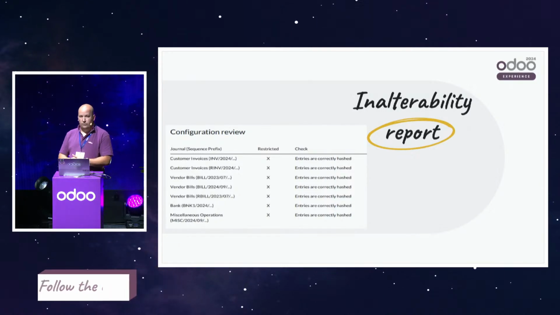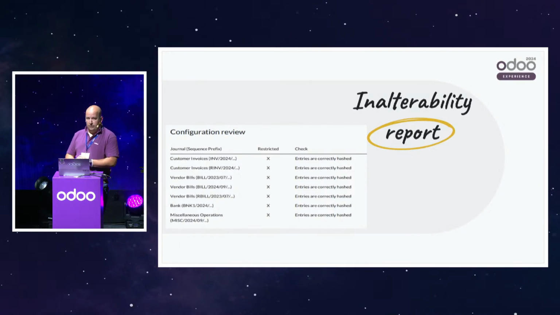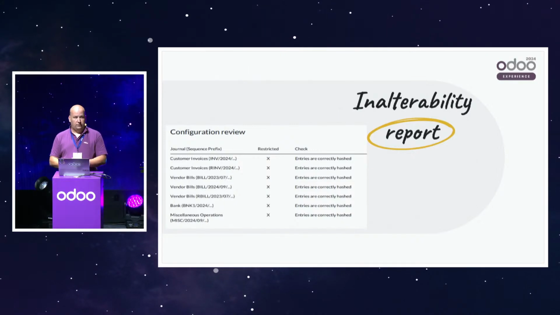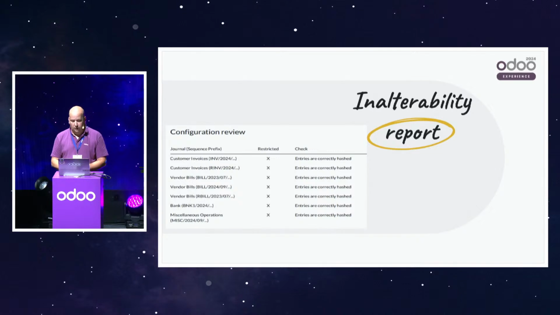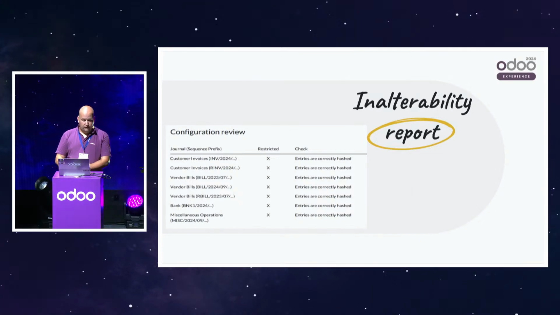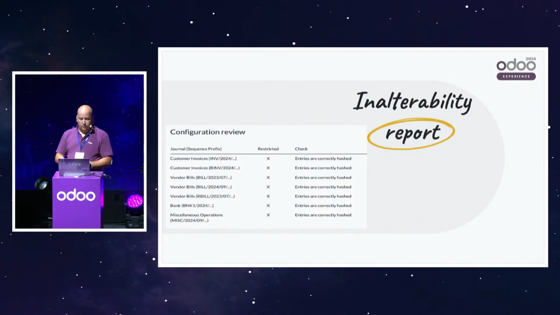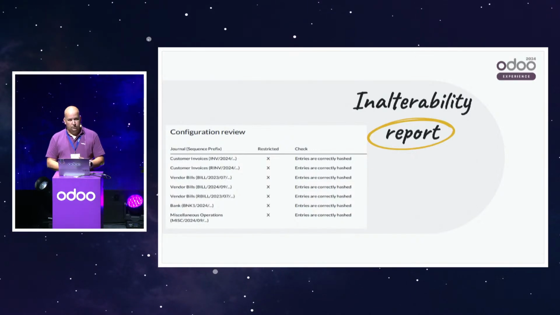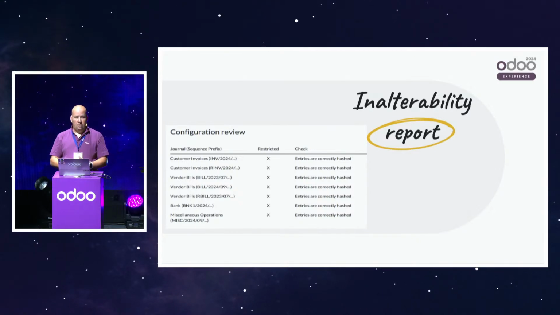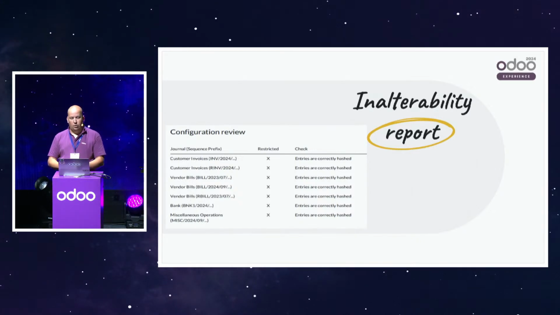As I said, you also have the inalterability report. It's different from the lock date, because you have that report to print and to send to the specific organization if you need it. And you can see here all the journals with all the sequence prefixes. And the restrict column just says, okay, those journals are in the accounting, but are not on the hash method, the old hash method.